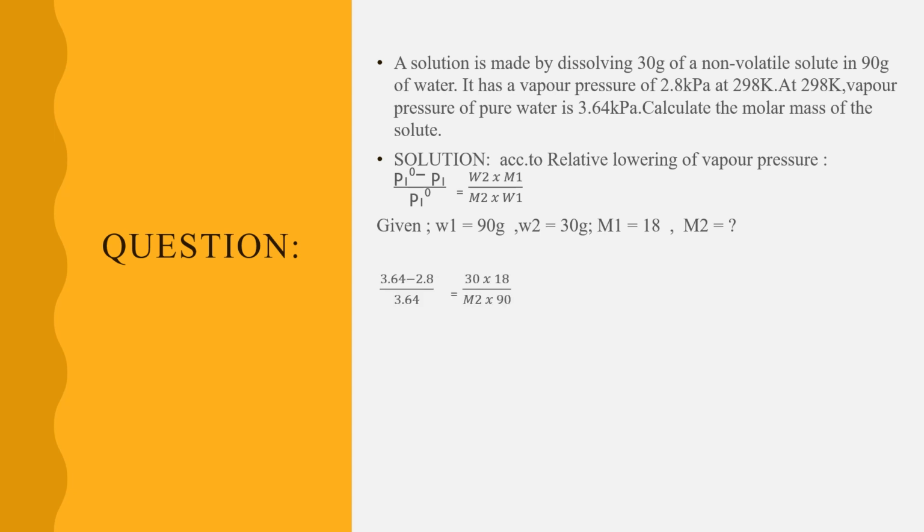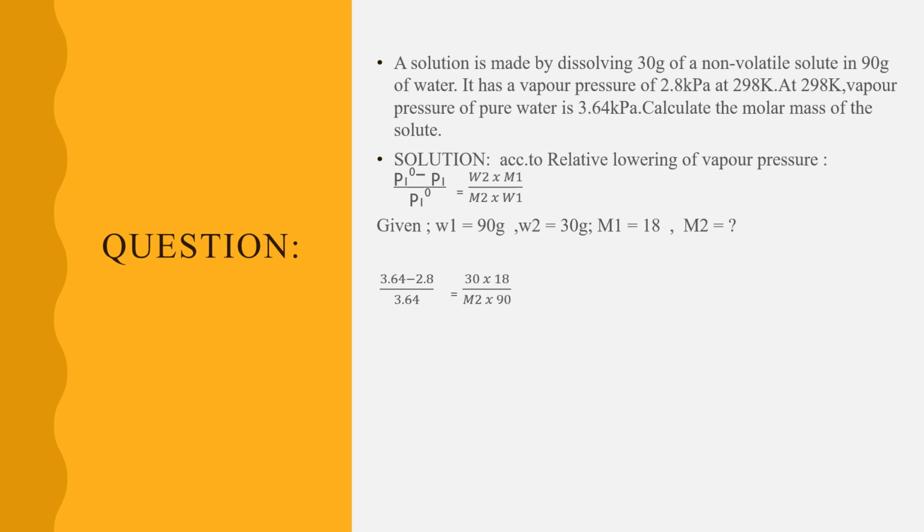Now on putting these values, the pressure of pure water is 3.64 kilopascal, that is P1 naught is equal to 3.64 kilopascal, whereas the vapor pressure of solvent when it is present in solution is also given, and the value of P1 is equal to 2.8, which is the vapor pressure of the solvent when it is present in solution.